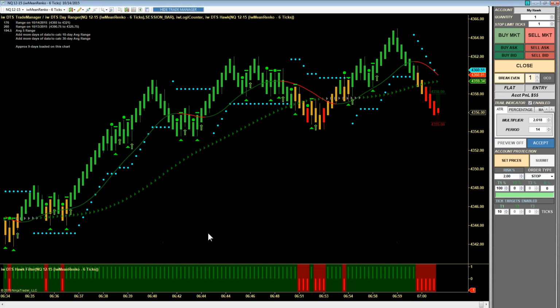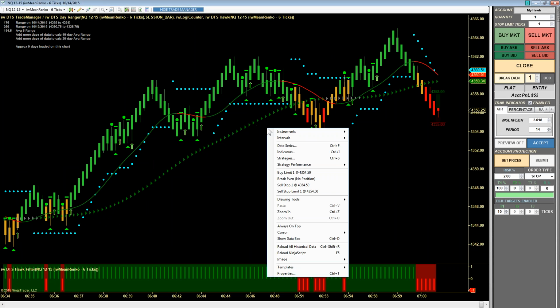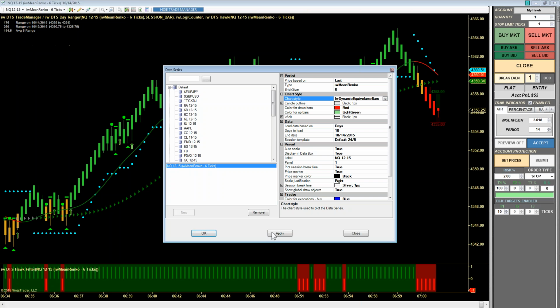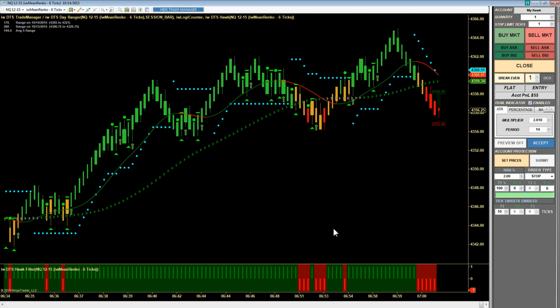But the mean Renko bars were designed for DTS, which is why we tend to stick with them.